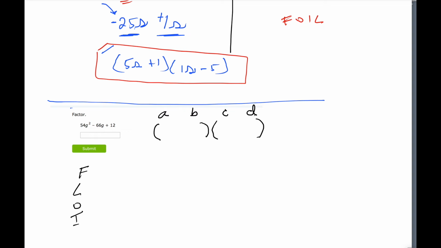All right. 9. It does not. 9G. And what goes in position C? 6. Just the number 6? G. Why do you have to have a G over here and over here? Because you have to have a G squared.